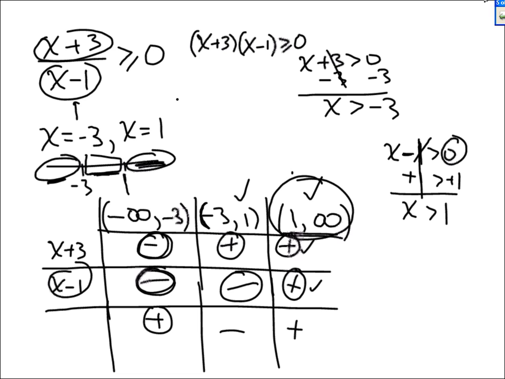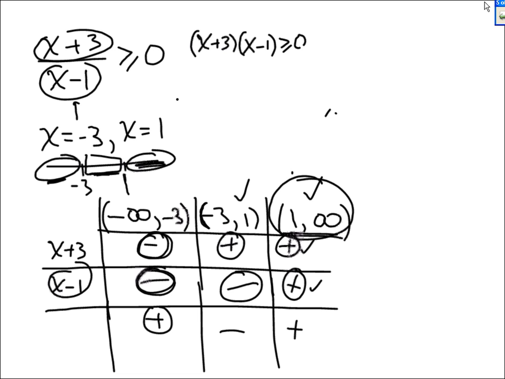But what's the big difference is, in the one I just wrote, you can let x be 1. You can include 1. Because if you included 1, 1 plus 3 is 4, 1 times 1 minus 1 is 0, 4 times 0 is 0, and yes, that is greater than or equal to 0.